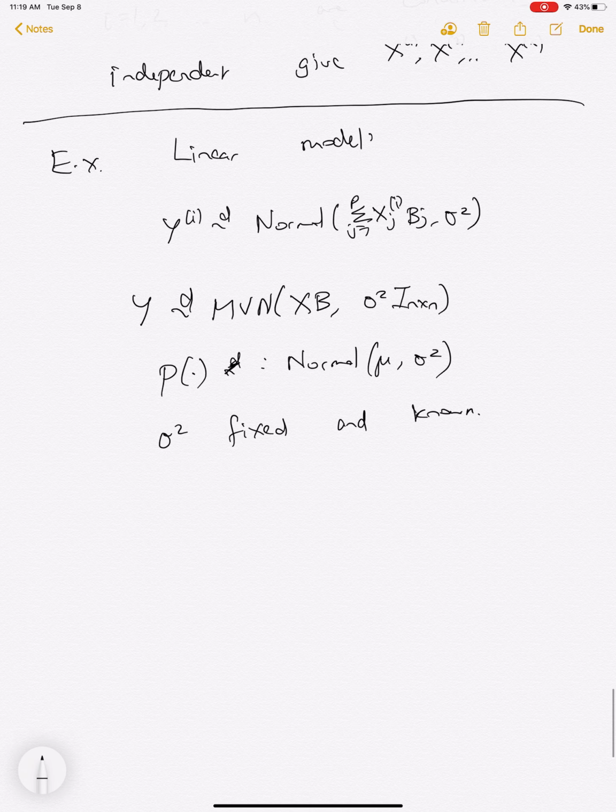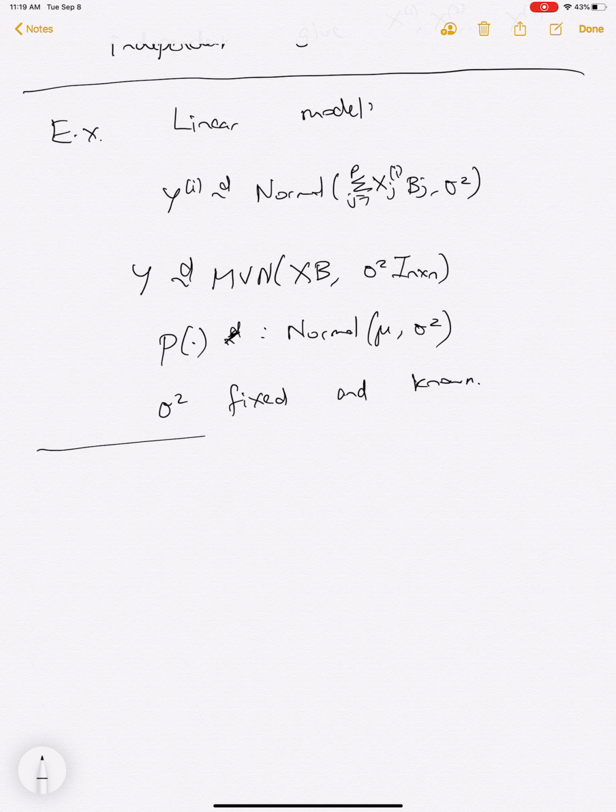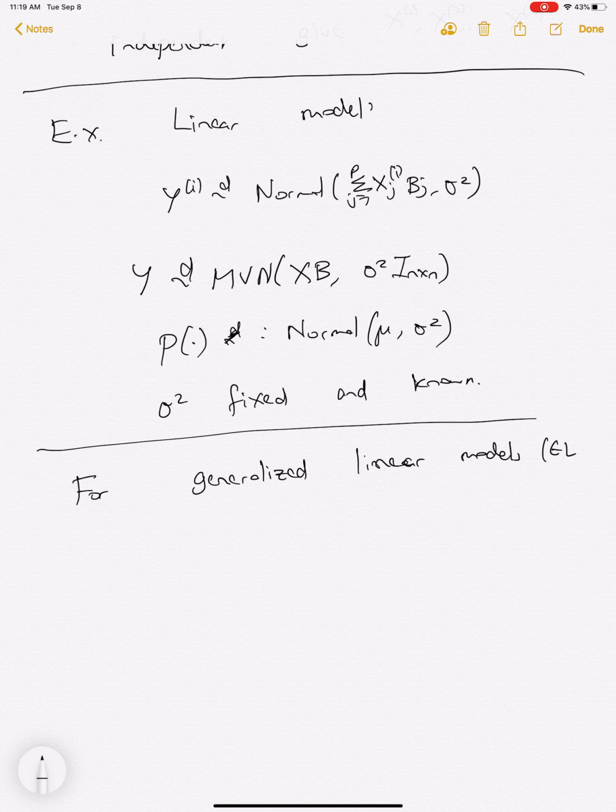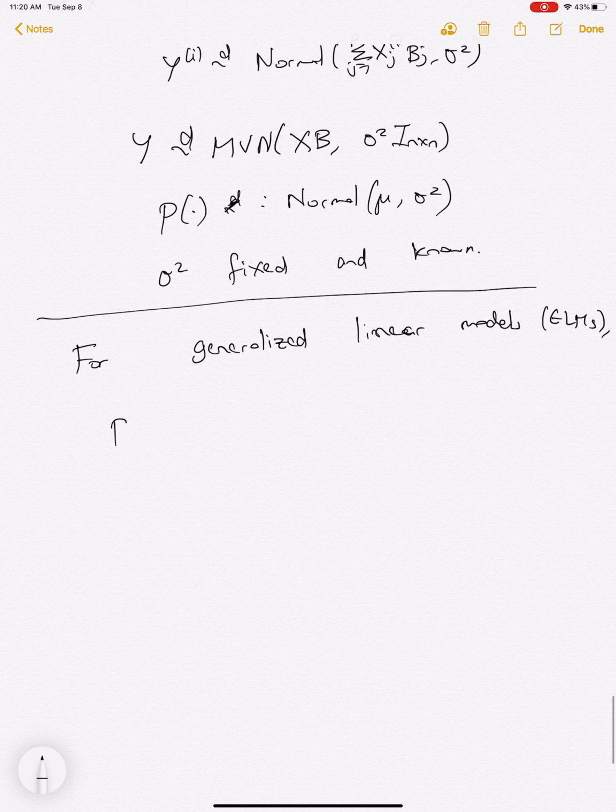Okay, and so now for generalized linear models, GLMs, P can be more general.